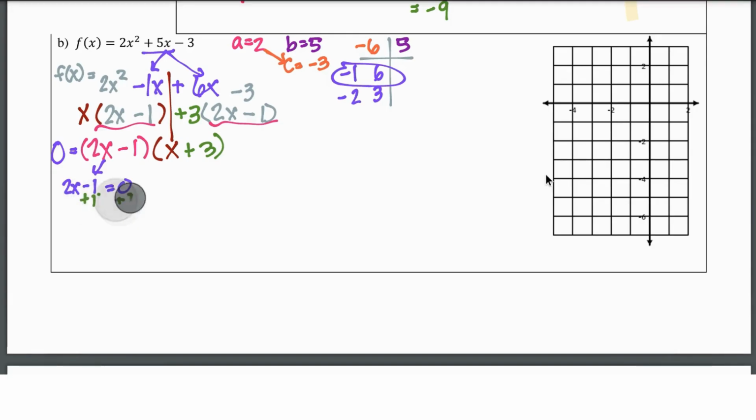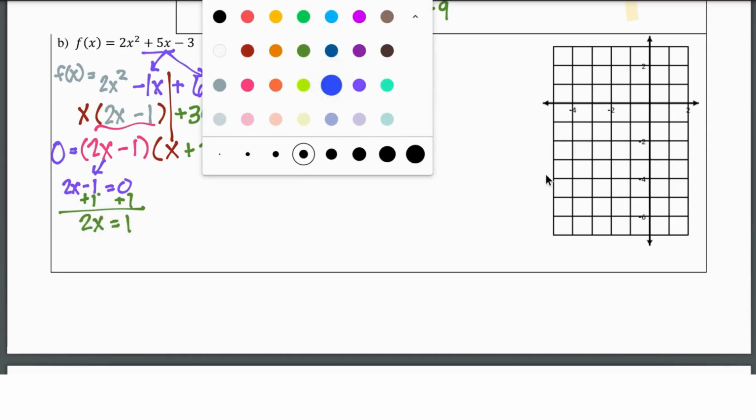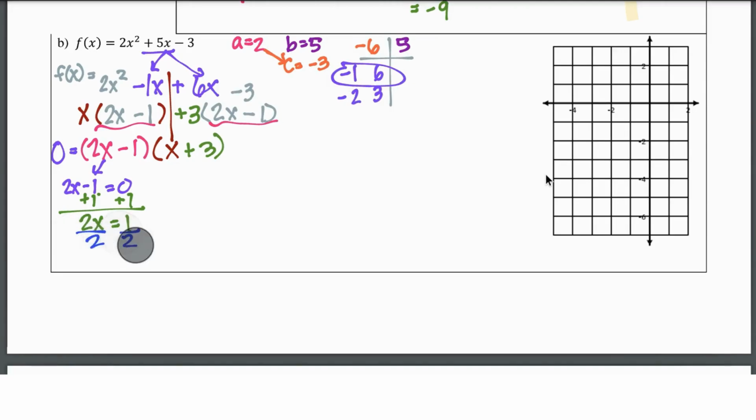So if I add 1 to both sides, I get 2x equals +1, and I would have to divide by 2 in order to get x by itself. So that tells us x equals 1/2 is one of our x-intercepts. Okay, so we're going to plot the point (1/2, 0). So that would be between the y-axis and 1.